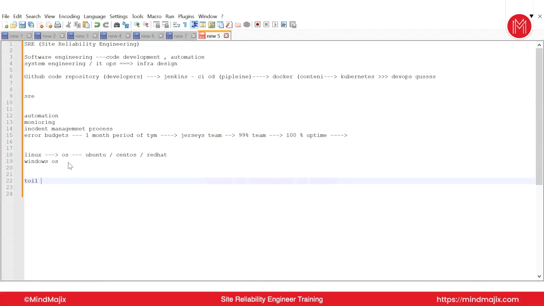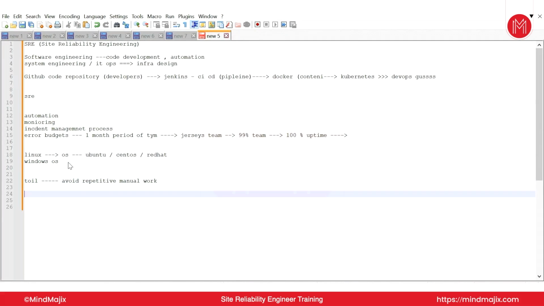You don't want to do the same repetitive process again and again, so you do the automation, thereby avoiding the toil as an SRE. Simple. Got it. Avoid repetitive manual work.